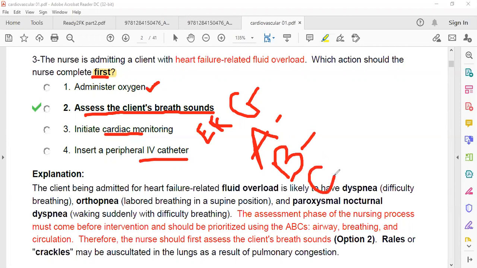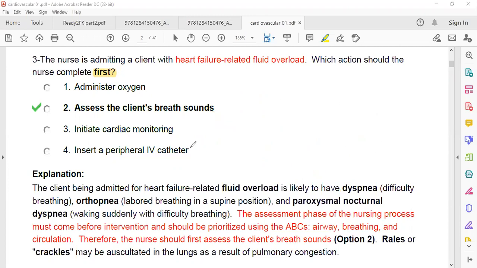Then go for C, meaning cardiac or any circulatory problem, any active bleeding, you have to stop. So cardiac monitoring is also not the first priority. First priority, assessment. Assessment for what? Respiratory assessment, airway assessment, breathing assessment. So we choose number 2.